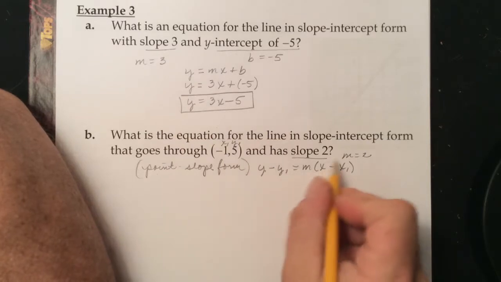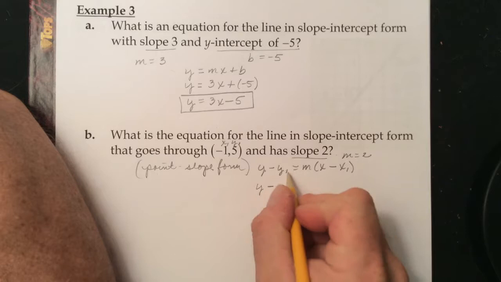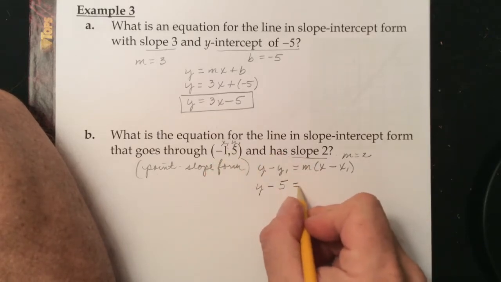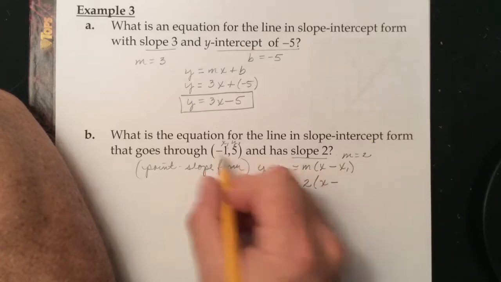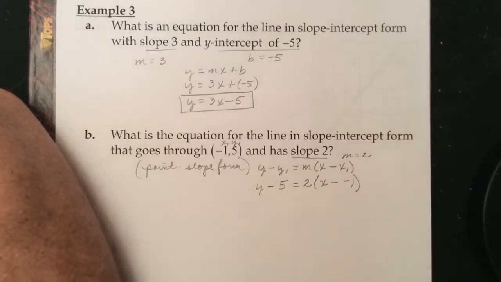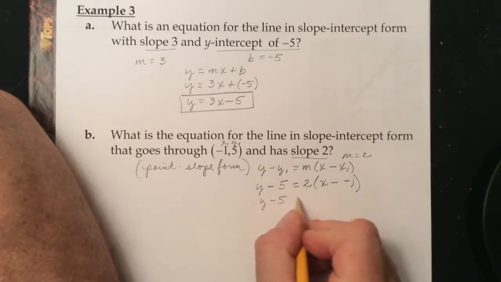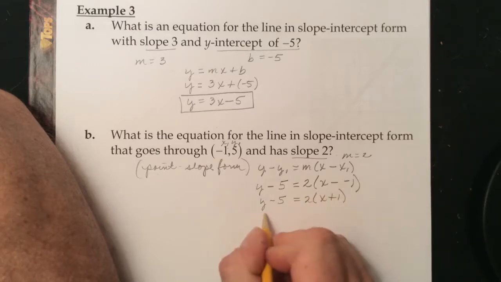So we have the slope is 2, and we start substituting in. This is y minus y1, which is the y-coordinate of our point, 5, equals the slope 2 times x minus x1, which is -1. Then we simplify. We get y minus 5 equals 2 times x plus 1.